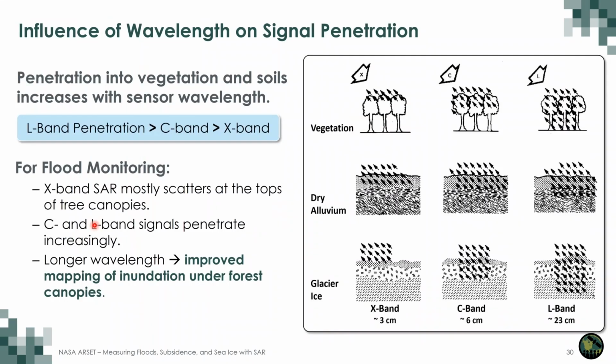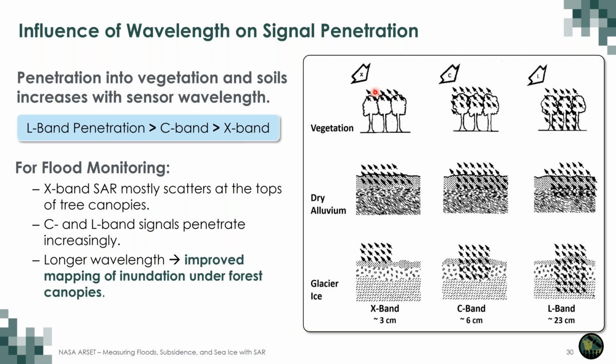So as mentioned, in order to be able to see the water under vegetation, we need to be able to penetrate through the vegetation. It turns out the amount of penetration is dependent on the radar wavelength. So the shorter the wavelength, the less penetration is available for the same type of target.